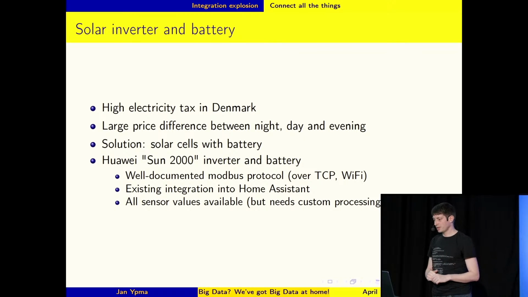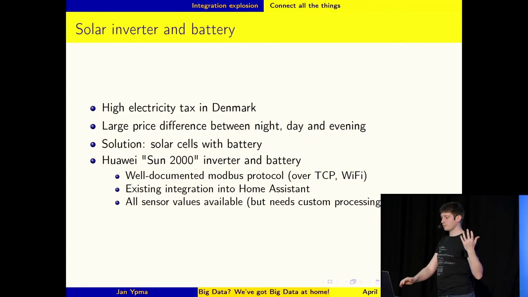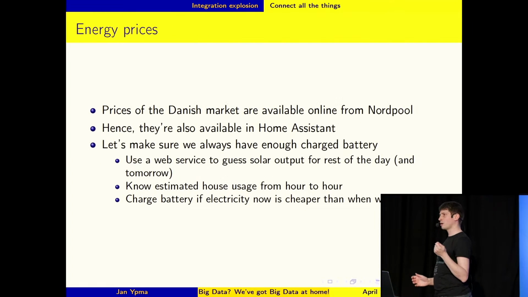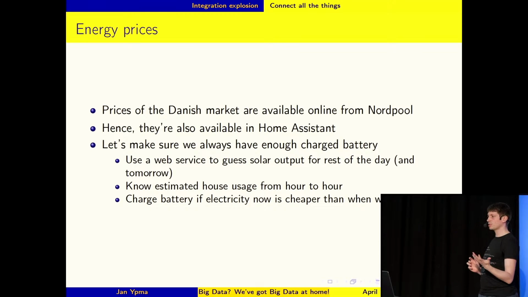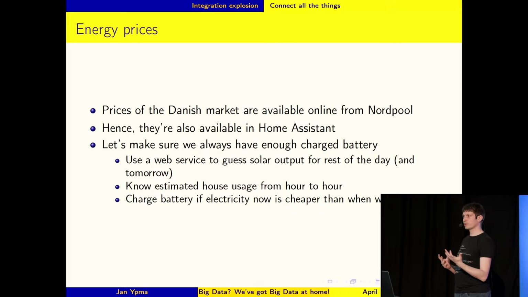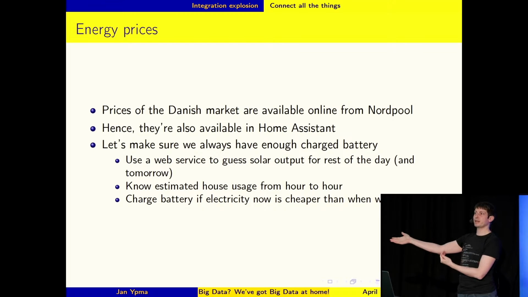And that means that we can now use all the information that we can find to actually steer our battery and solar cell setup. For example, the actual energy prices, well, the taxes are known, obviously, but the prices themselves fluctuate from hour to hour, but are published at 2 o'clock for the next day.